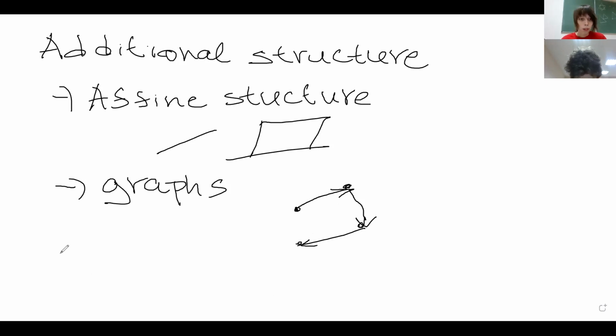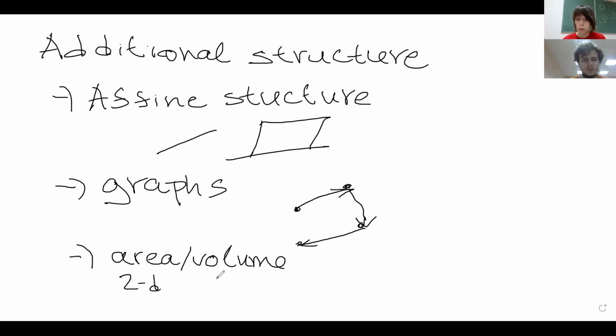The next idea is having some kind of area or volume: area for two-dimensional spaces, volume for three-dimensional spaces and above. So suppose you have your phase space as a set of points, and you define some kind of measure to measure the area of its subsets.